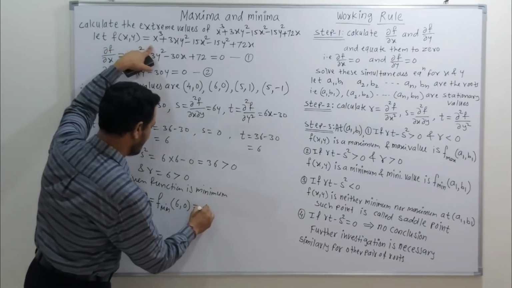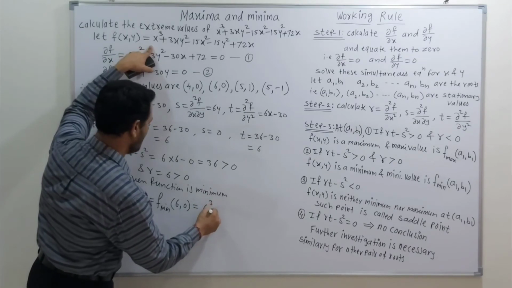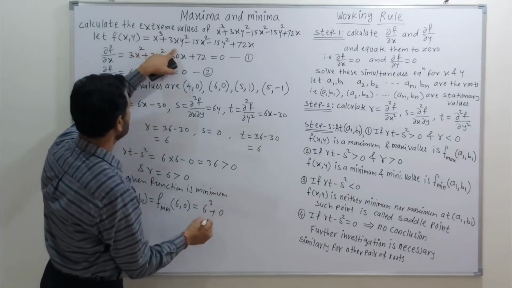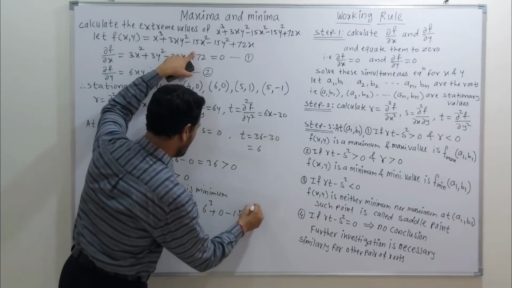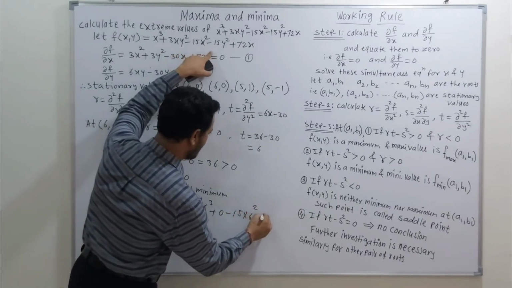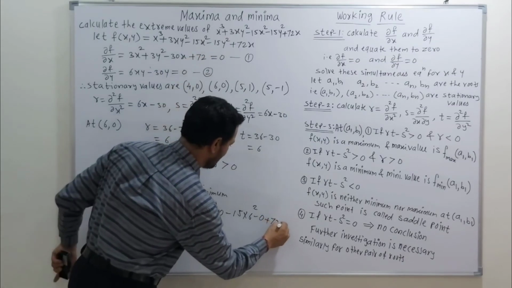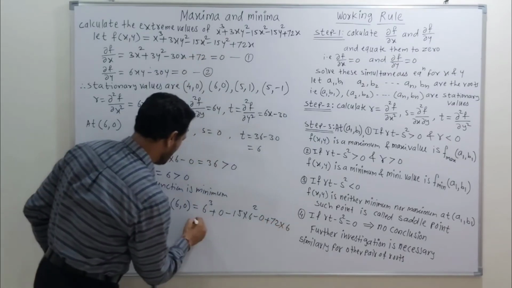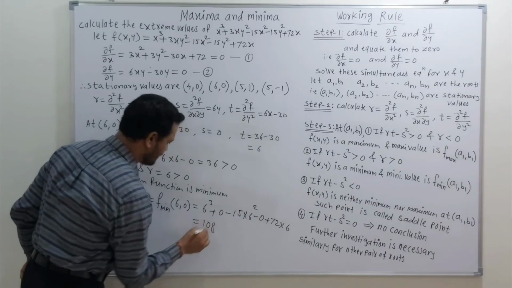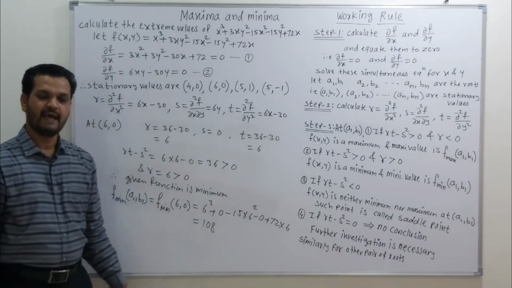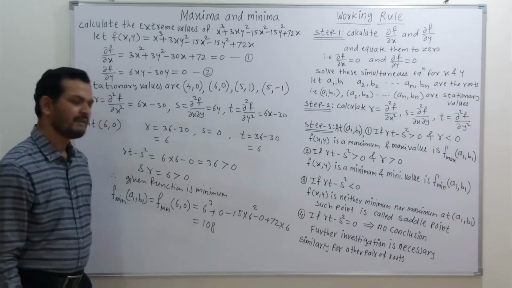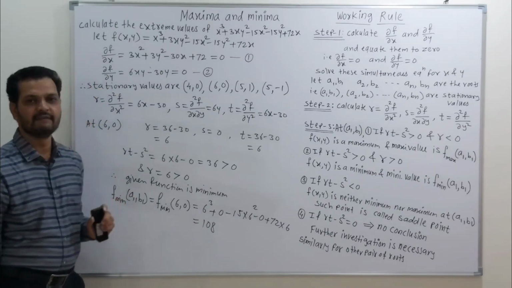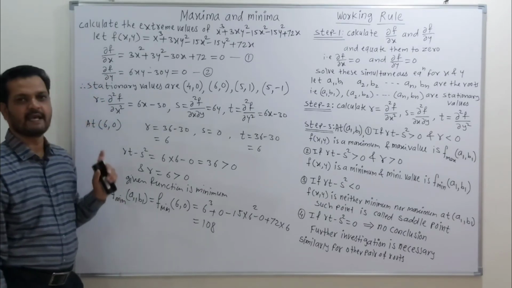So this is 6 cube plus, y is 0, so this term is 0, minus 15 into 6 square, again this is 0, plus 72 into 6. If we solve this equation, we get the answer as 108. That means 108 is the minimum value for the given function at the point 6 and 0.